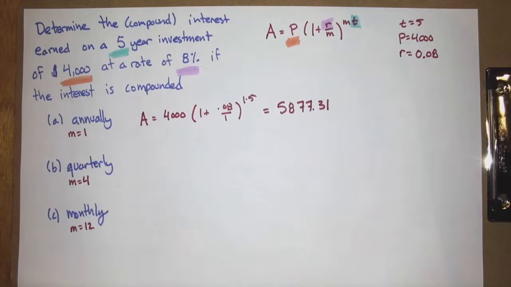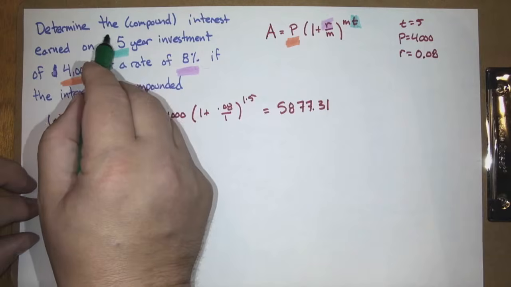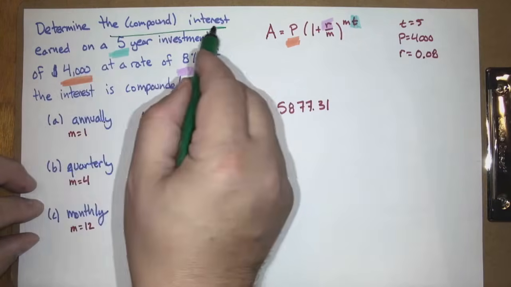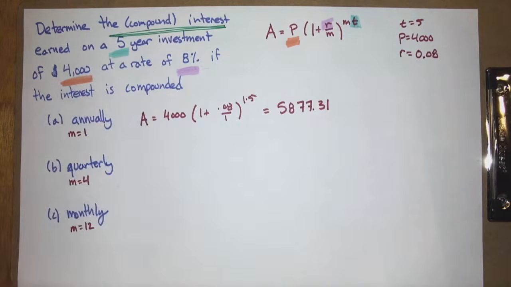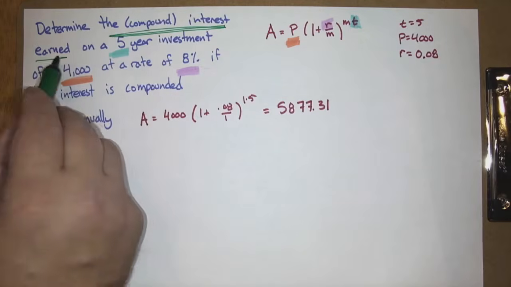Now, is this the answer? And why not? It's not the answer. What is it we're looking for? It tells us determine the what? Determine the interest. It doesn't say determine what your investment is worth.